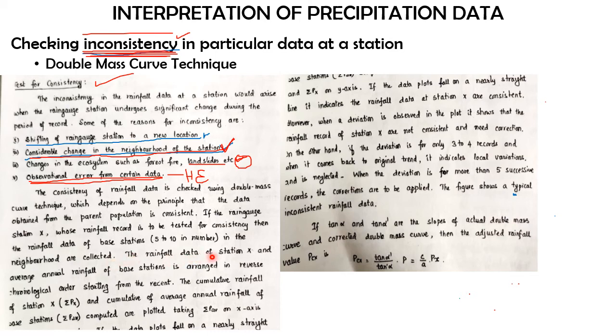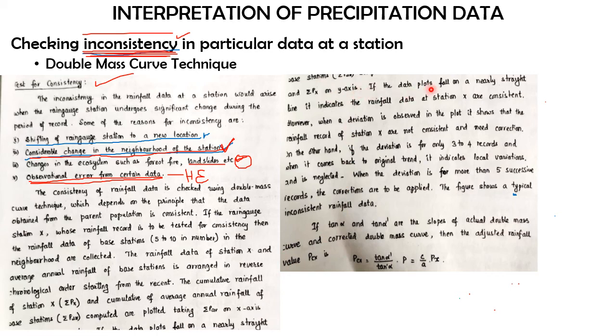The rainfall data of station X and the average annual rainfall of base stations is arranged in reverse chronological order starting from the recent. The cumulative rainfall of station X, that is sigma Px, and the cumulative of average annual rainfall of base stations, sigma P average, computed are plotted taking sigma P average on the x-axis and sigma Px on the y-axis.